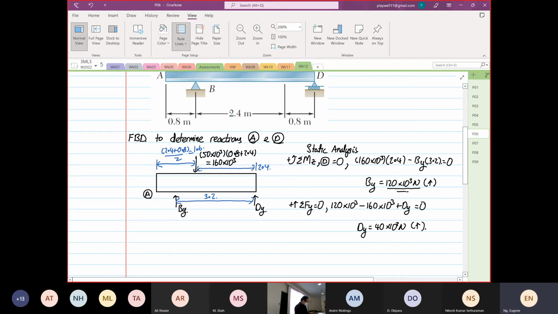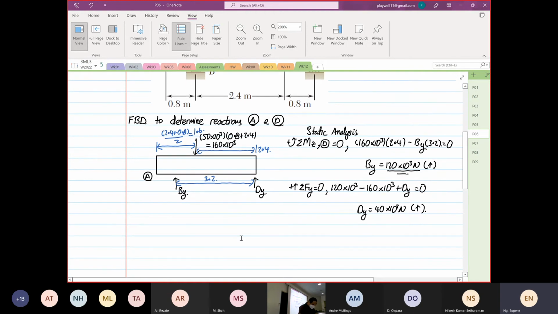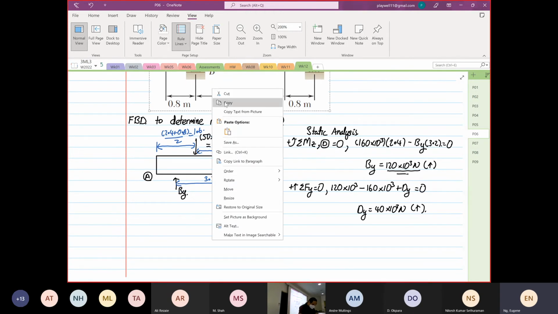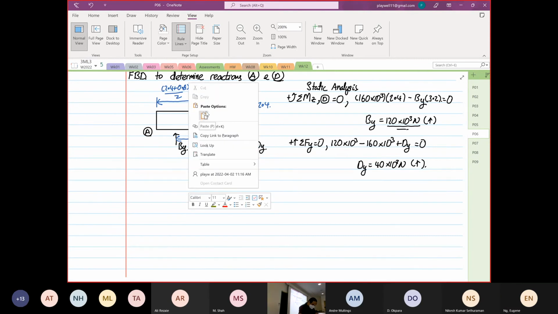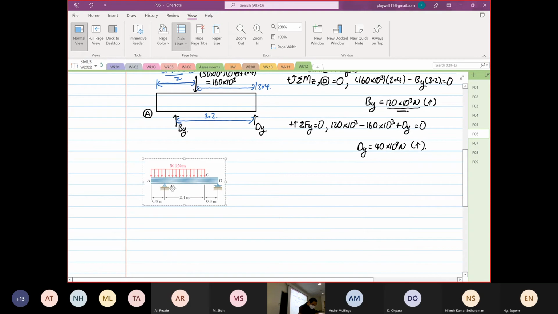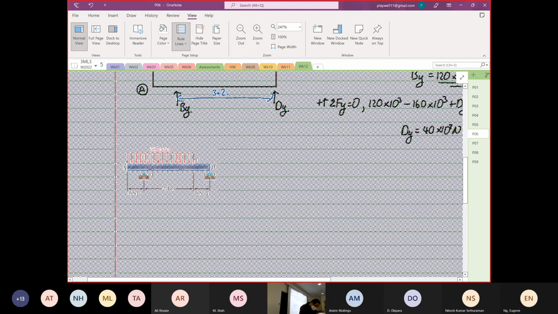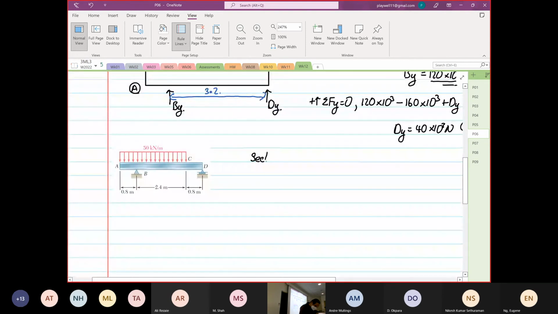So let me put the diagram over here first. So we are going to divide into sections.